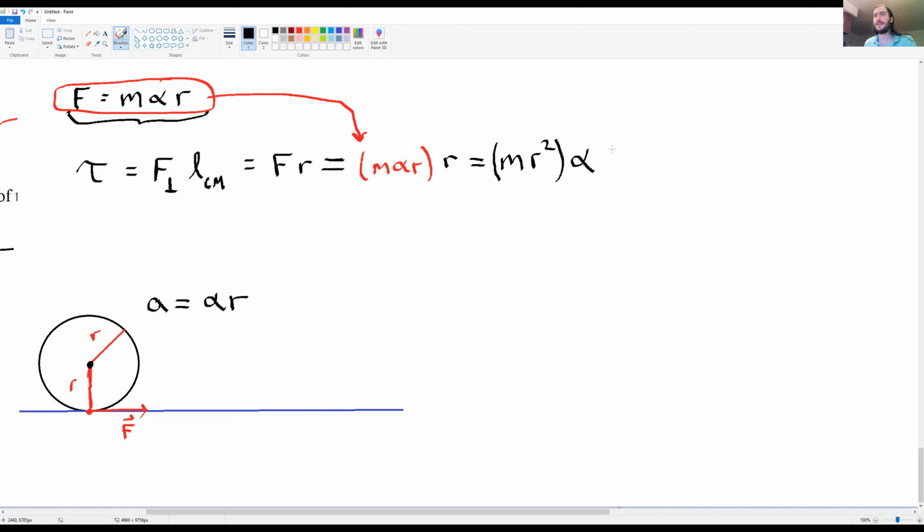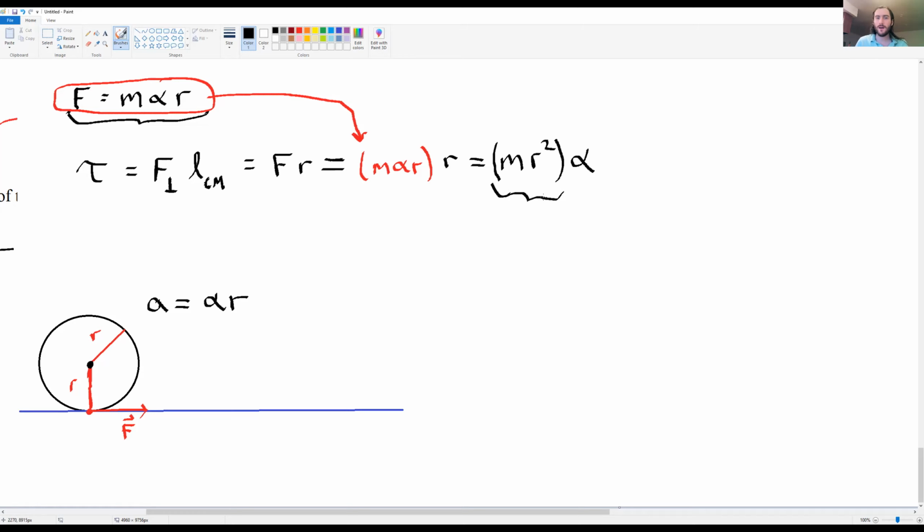And now we can see the relationship between the torque and the angular acceleration. Remember we said that torque was proportional to angular acceleration? Now we know that the proportionality constant is this thing, mr squared.